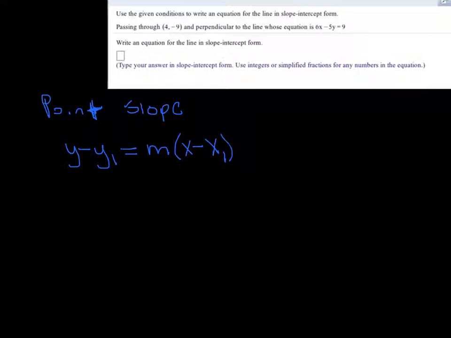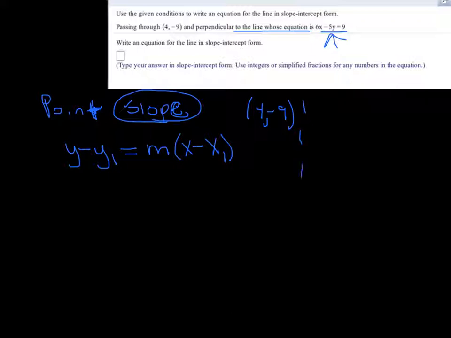Okay, they gave us a point, and the point given was (4, negative 9). And they've given us information about the slope, but you just have to determine what it is. So what is our slope? Now that we know this line is perpendicular to the following line, first of all, we need to know the slope of the line that they gave us.